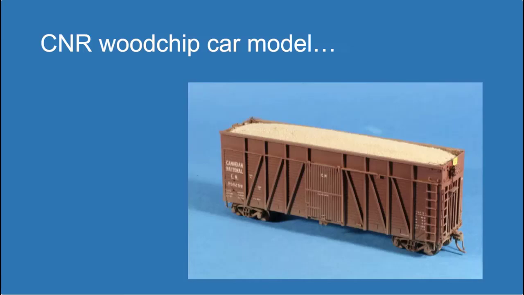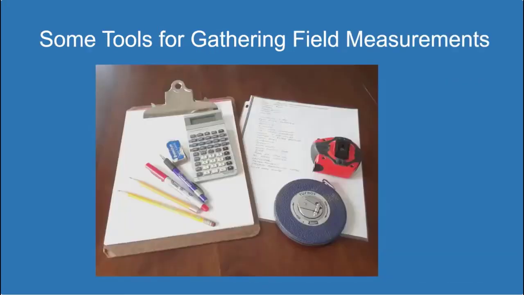Now if we are actually going out to gather field measurements ourselves, assuming the structure or rolling stock still exists, it's really handy to have a number of things in advance. You need a couple of pencils; some colored markers or pencils are good. I like to use a sharp, fine tip mechanical pencil, good eraser. You need a calculator.